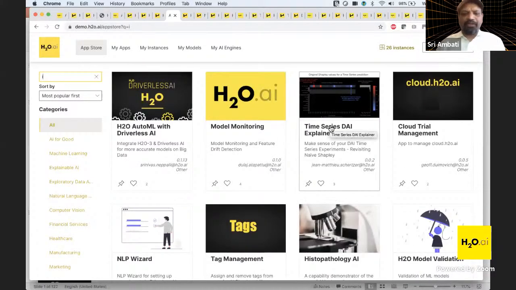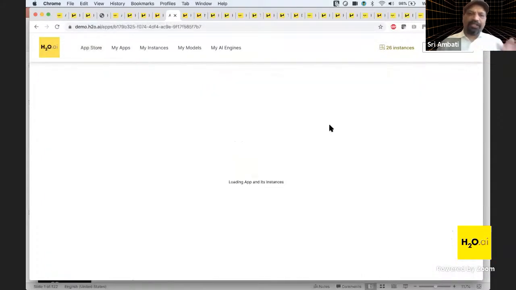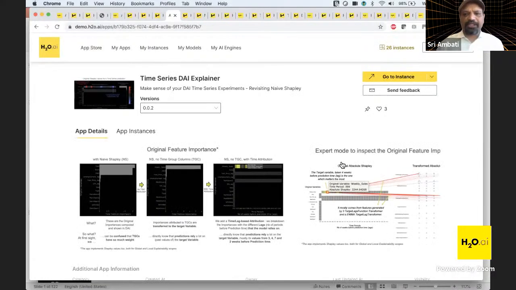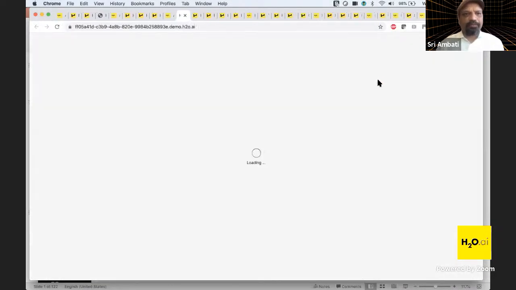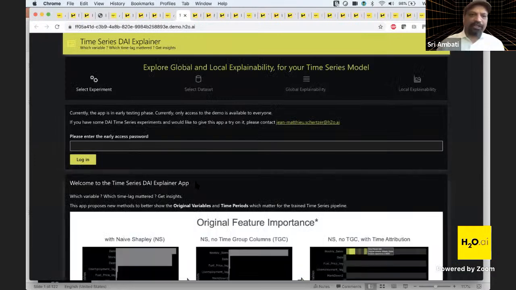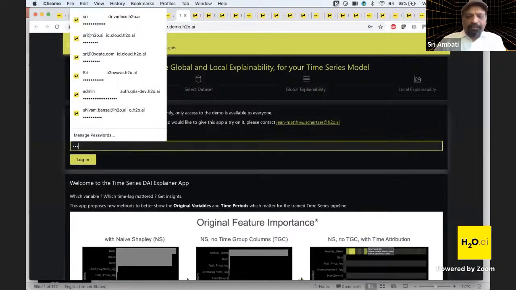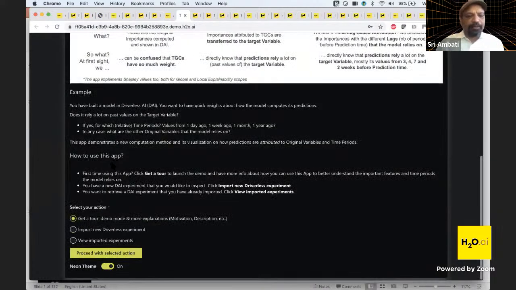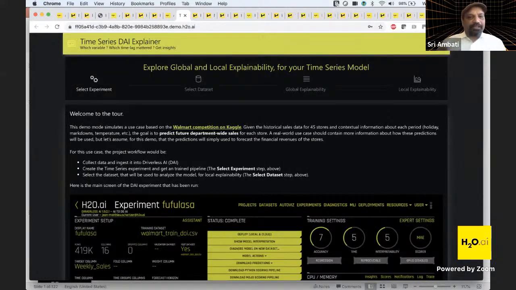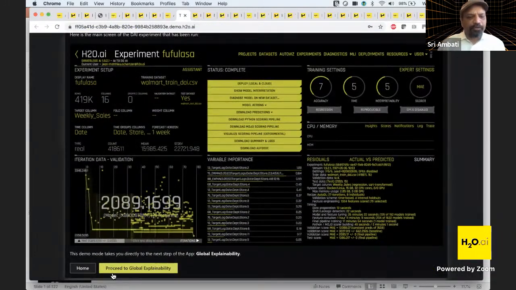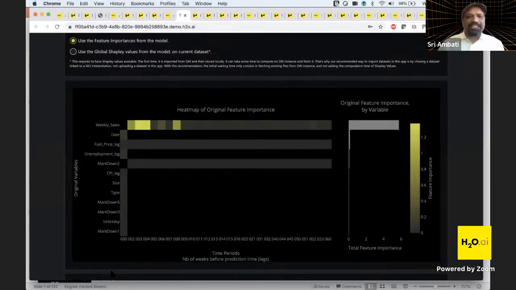Most of the apps need explainability, for example, time series explainability, another very powerful capability. How does one understand models that are time series, both at a global level? How to understand Shapley better?